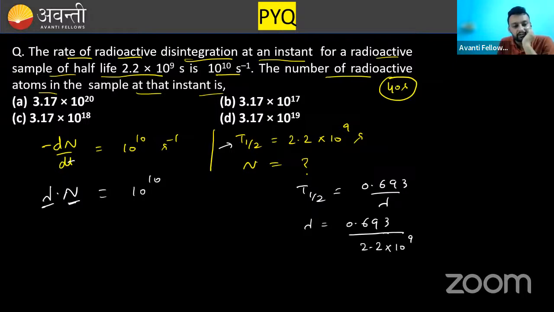So I will place the values here. 0.693 divided by 2.2 into 10 raised to the power 9, and this is equal to 10 raised to the power 10. Now it's your task to calculate it.